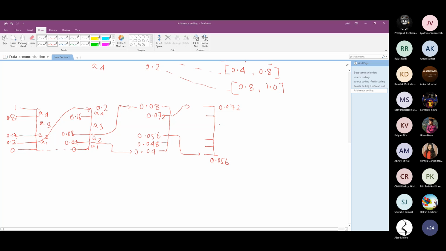So the last interval, A4, can be 0.072. We can either make it this interval, or we can make this one twice, because this has twice the length. So we will make it twice. So then it becomes 0.068.